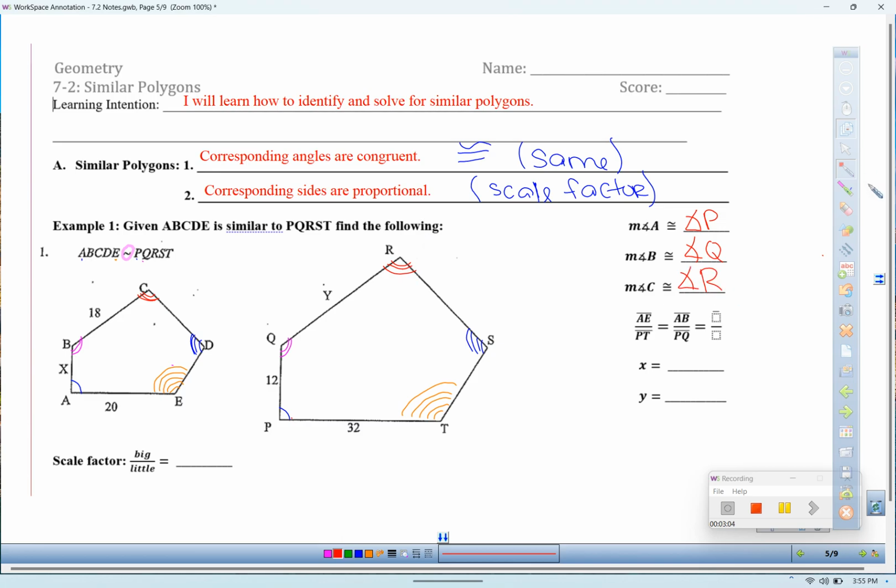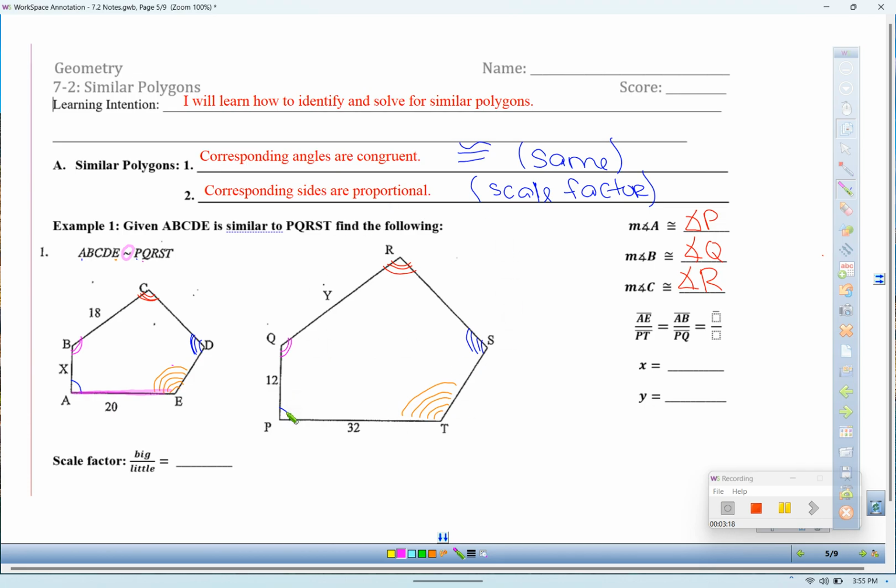Now we're going to look at some segments. So right here I have segment AE. Which segment is congruent with this one? Now sometimes our polygons may not be sitting the same direction as each other. Sometimes this one might be shifted or sitting a little bit different.